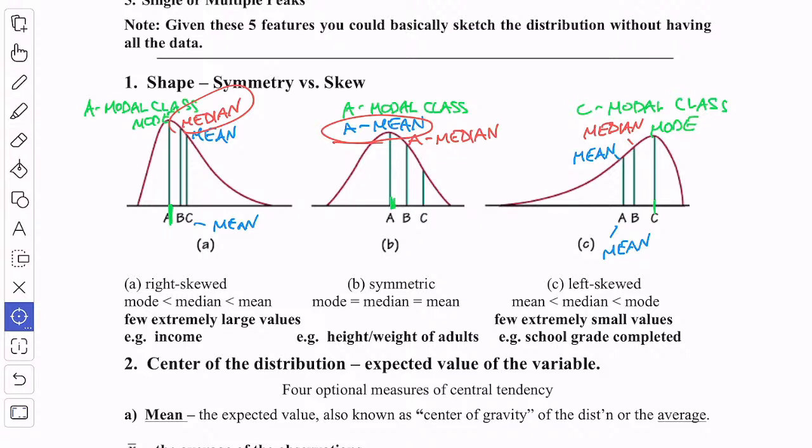Finally, symmetric distributions. Where do you see symmetric distributions? Well, physical phenomena like height and weight of adults will be symmetrically distributed. And also grades, standardized scores on tests, standardized test scores, are another example.